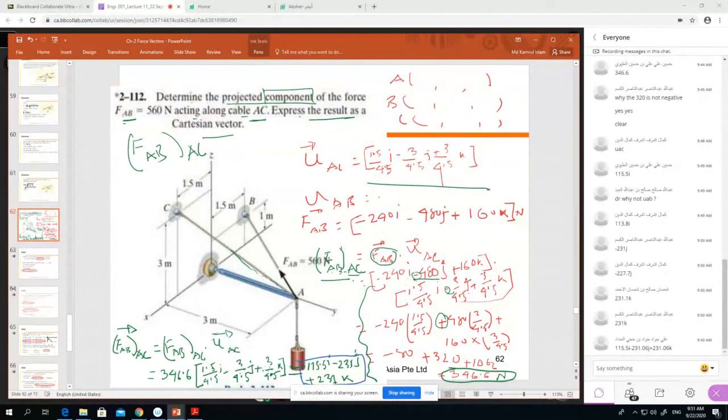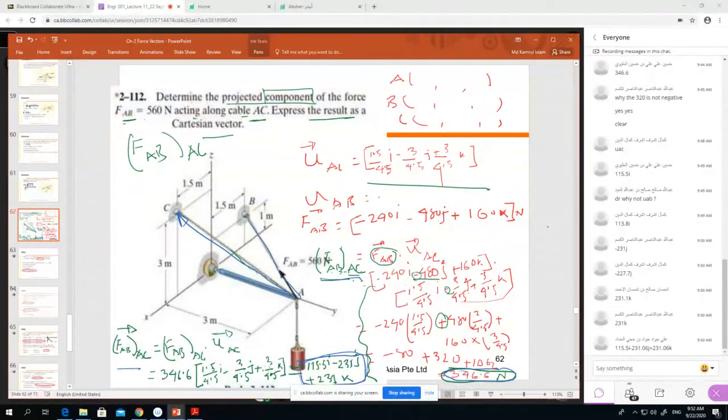This is the important question: express the result as a Cartesian vector. So we found the projected component of force AB acting along AC. This is the magnitude. Then we also found the result as a Cartesian vector.